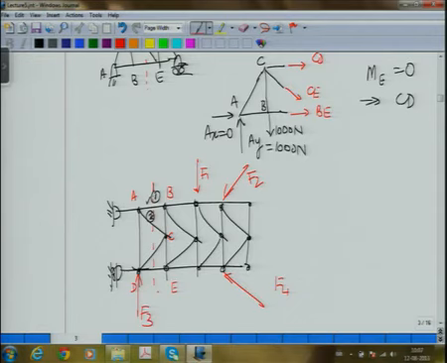Now if you look at this, what you will realize is, if I take the right half, then the cut will look something like this.